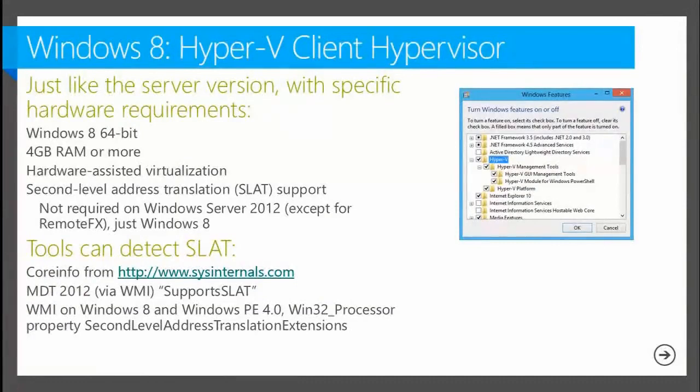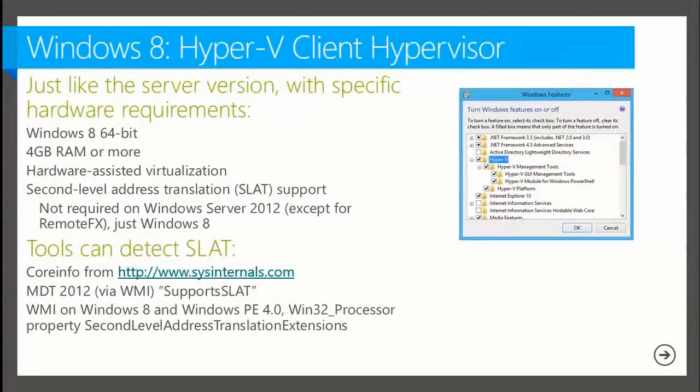So on the client side, because those types of video cards are very common, we require this second-level address translation support to avoid all of those page faults, to give us decent Hyper-V performance. So you can't even install Hyper-V if your hardware doesn't include that support.